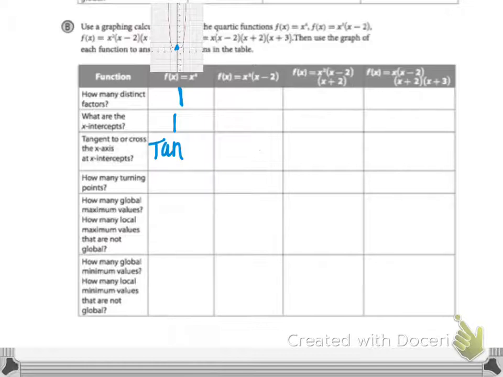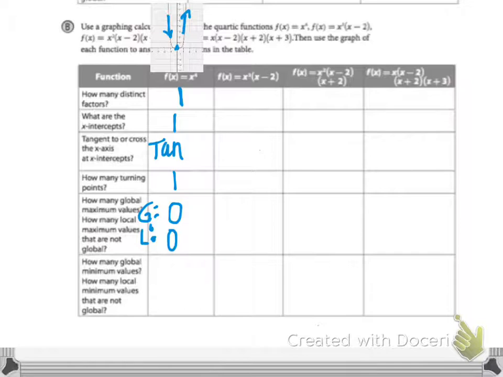So how many turning points are there? There's just one, just that one spot at that 0. It turns from decreasing on this side, right? On this side it's decreasing, and on the other side it's increasing, right? So one turning point. How many global maximum values? There's none. There's actually no maximum values at all. So global and local, no maximums.